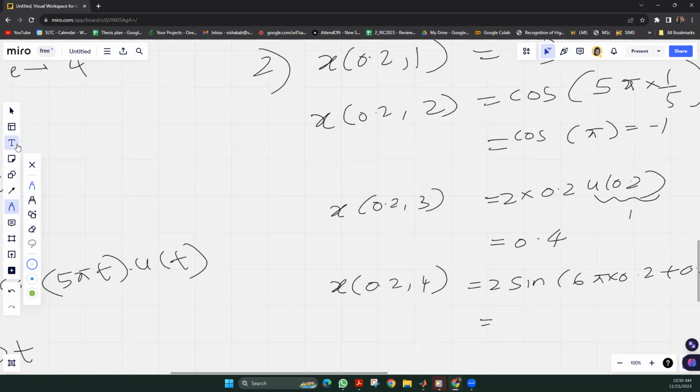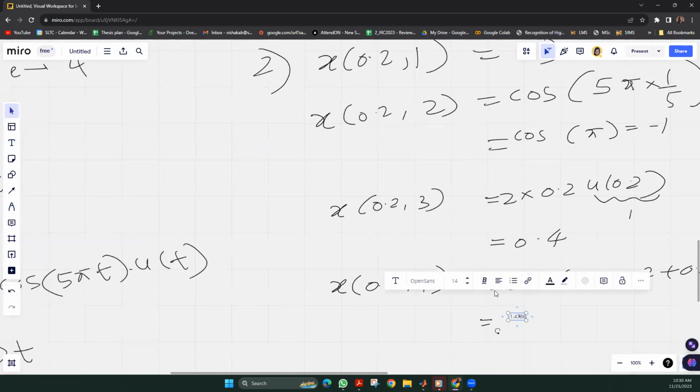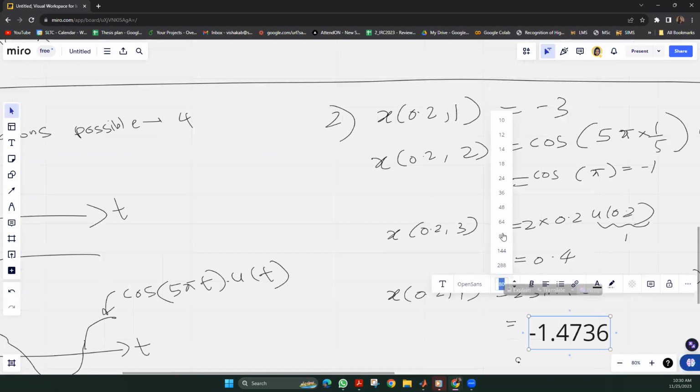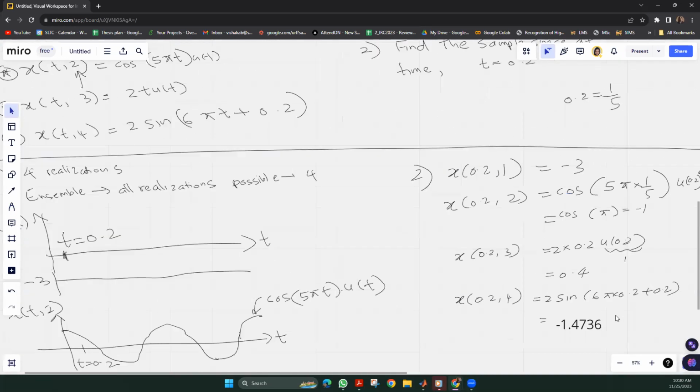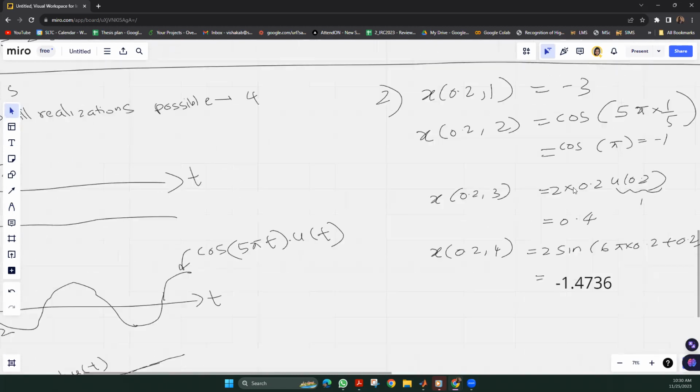So these are the values that I got as the specific values at time equals 0.2. Those values correspond to the sample space that we can obtain for that specific time instance.